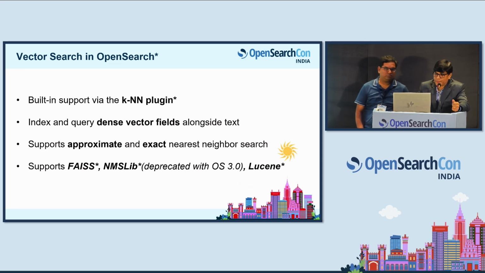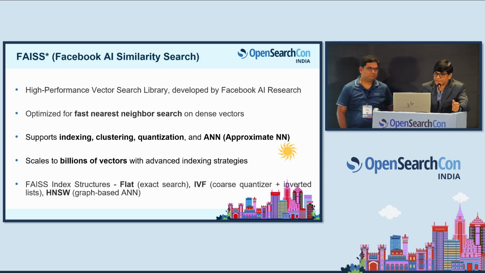Going next, FAISS. Again, a small introduction about FAISS, Facebook AI Similarity Search. It's a library, first of all. It's not a standalone application. Lucene is also a library. FAISS is a native library, I would say.